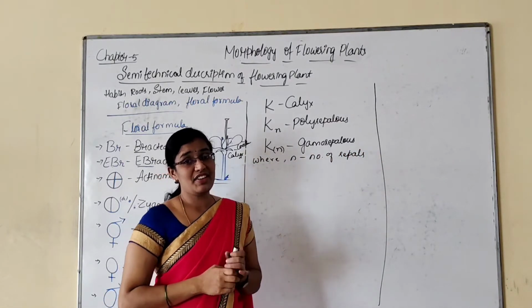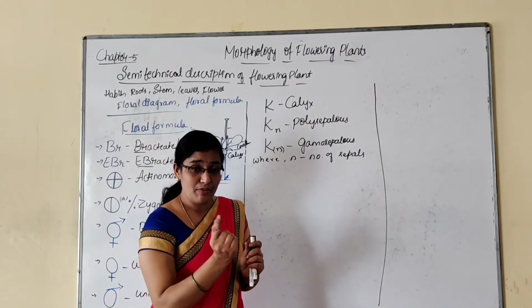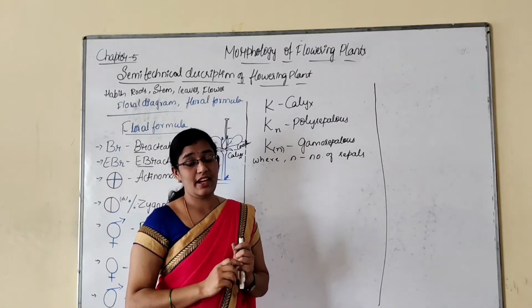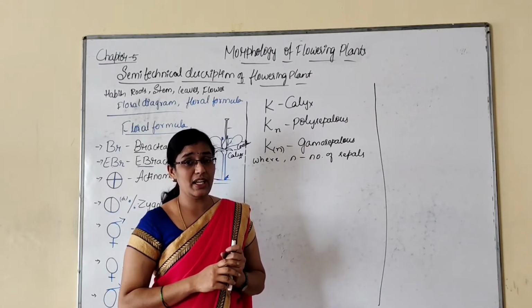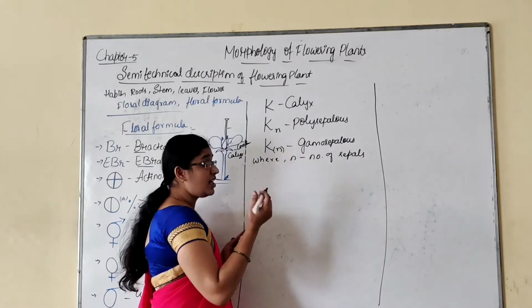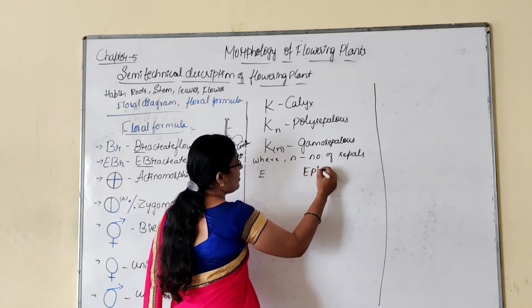In some plants' flowers, below this calyx we can find one more layer which is imitating the calyx layer. It will look somewhat like the calyx, but it will be somewhat thinner. So that is called the epicalyx.